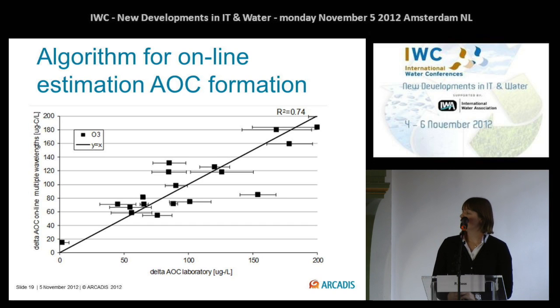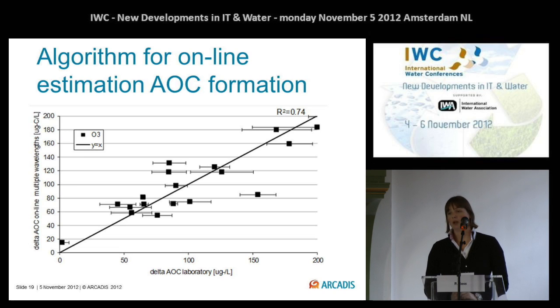On the x-axis you see the change in AOC measured by the laboratory, and on the y-axis you see the prediction of the UV-Vis spectrum to determine the AOC concentration. The error bars are the errors between duplicate measurements of the AOC determined by the laboratory.